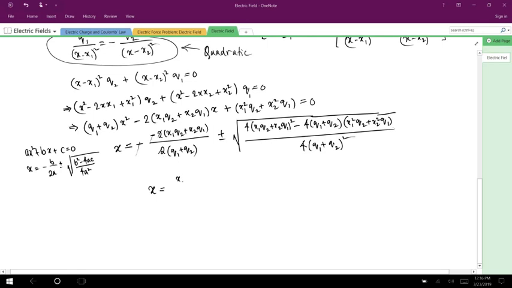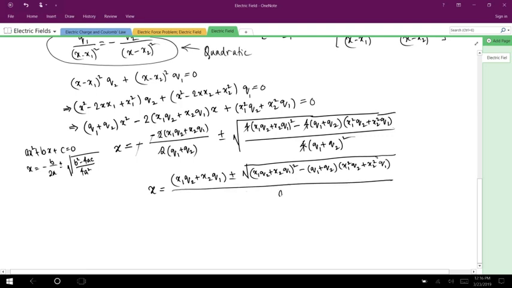So we get (x1 q2 plus x2 q1), that's the first part, plus or minus square root of, here again you see that the 4's all cancel. So this is a square root of (x1 q2 plus x2 q1) squared minus (q1 plus q2) times (x1 squared q2 plus x2 squared q1), divided by (q1 plus q2).